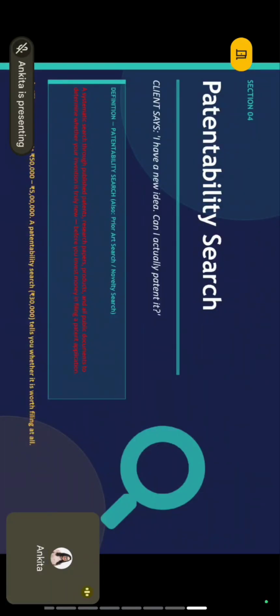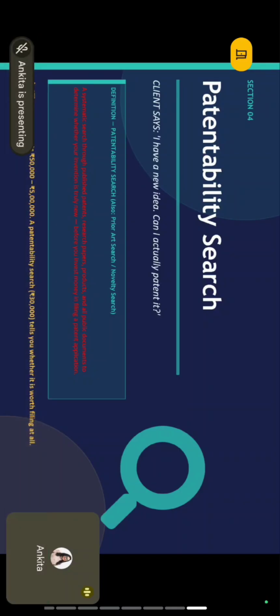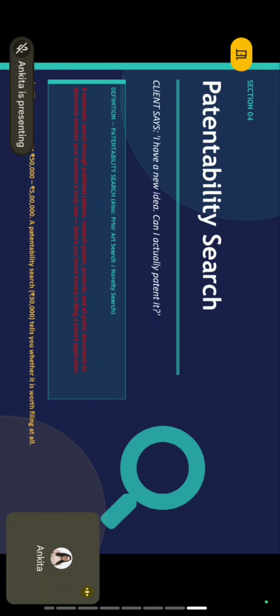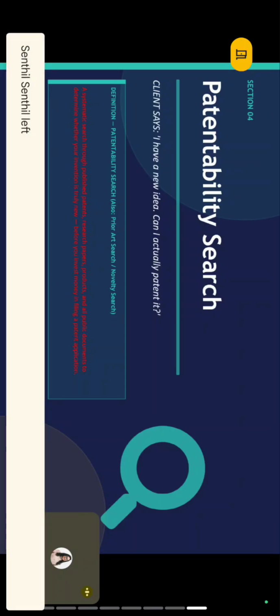Now in patent companies, there are three types of searches that we do. The first kind of search is the patentability search. So what is it? Imagine you have a brilliant idea. You have worked on it for months. You want to patent it. But before you spend 50,000 to 5 lakh rupees on filing a patent, wouldn't you want to know, has someone already done this?